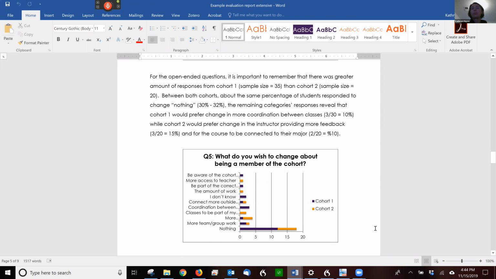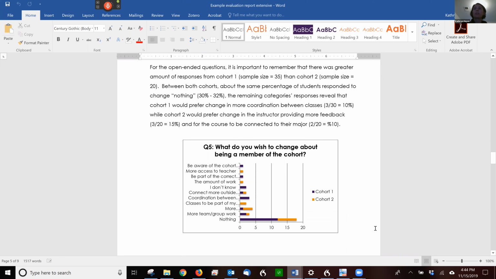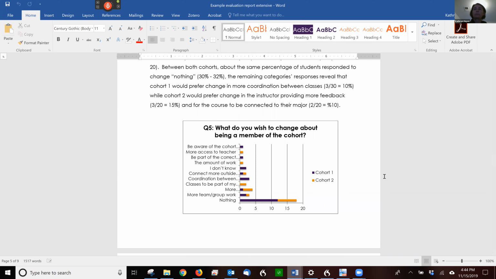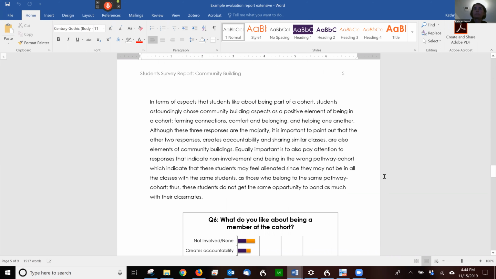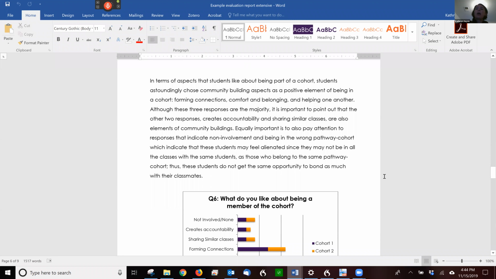So for instance, right above it, they say the remaining categories reveal that cohort 1 would prefer change and more coordination between classes, while cohort 2 would prefer the instructor providing more feedback. And you can see again, as they're analyzing their open-ended responses, in terms of aspects that students like about being part of a cohort, students astoundingly chose community building aspects as a positive element of being in a cohort, right?